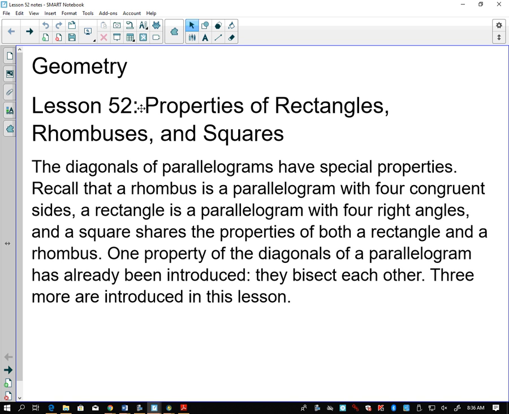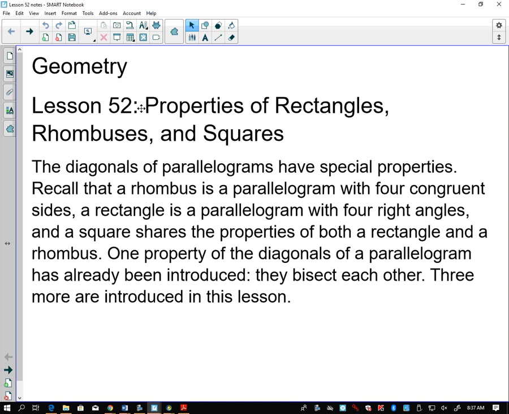all squares are rhombuses and rectangles. Not all rectangles are rhombuses. Not all rectangles are squares. Not all rhombuses are squares. Okay? A rhombus is only a rectangle when it is a square. Does that make sense?